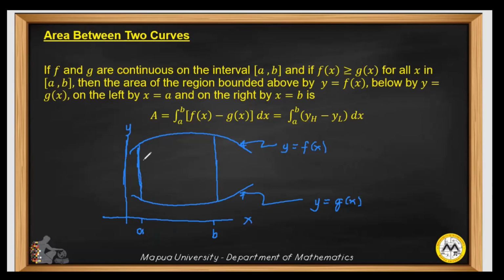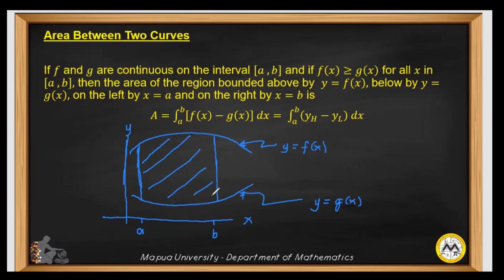Hence, we're considering this shaded region, which is bounded above by y equals f of x, below by y equals g of x, on the left by x equals a, and on the right by x equals b.